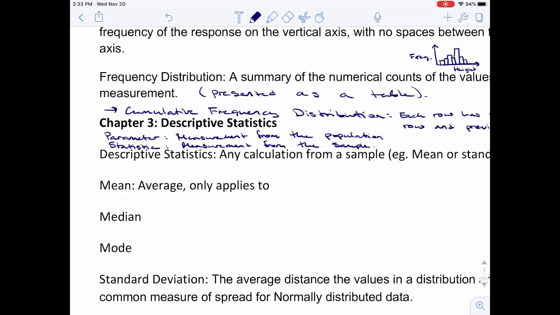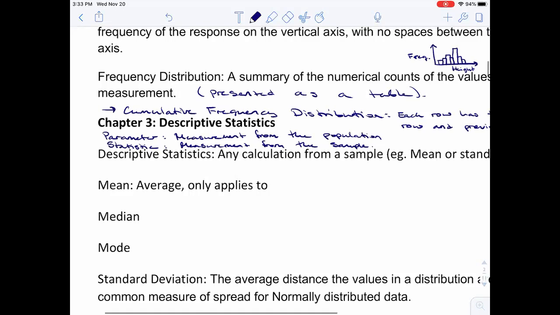The mean is the average. It only applies to numerical data. Right.